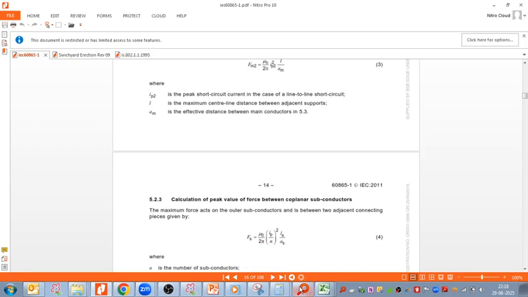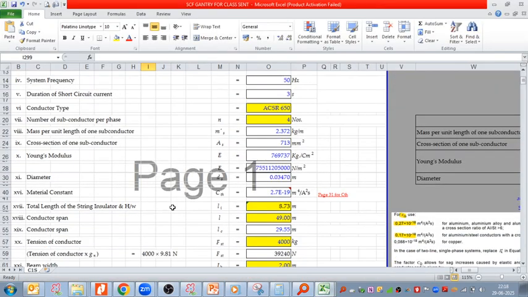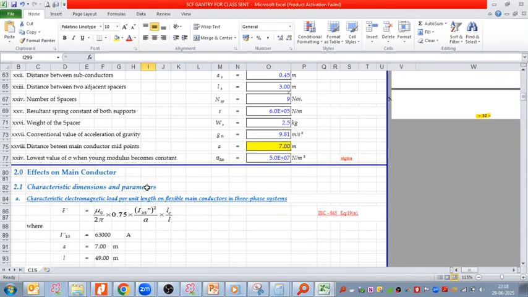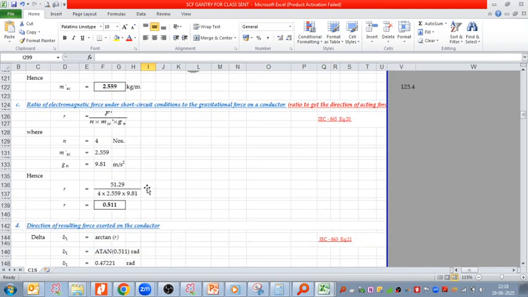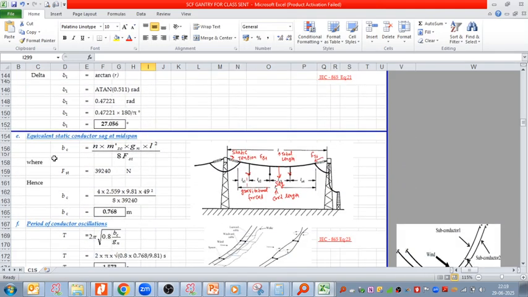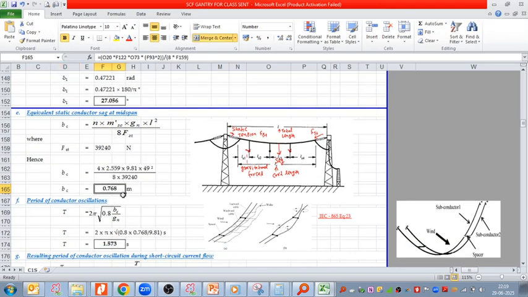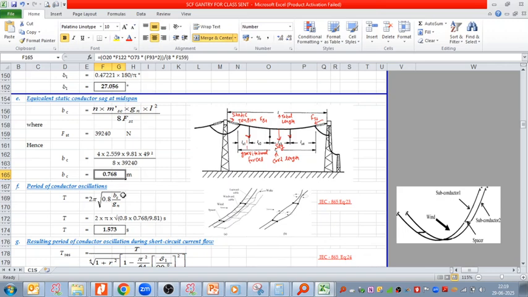Whereas in my calculation, this sag formula I have used in my SCF calculation. So they take the reference from the sag tension, but I am calculating the sag here. So I am not taking a reference, I am calculating over here. Right, sir. Okay, this was the difference. So either you calculate here or you calculate in another sheet.